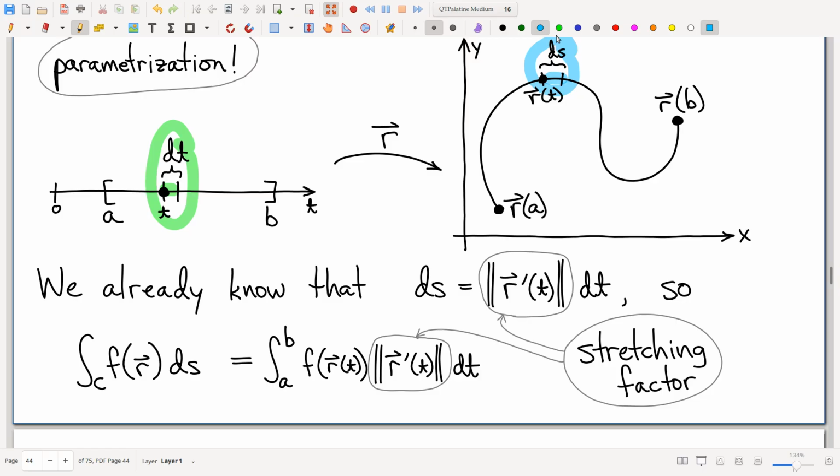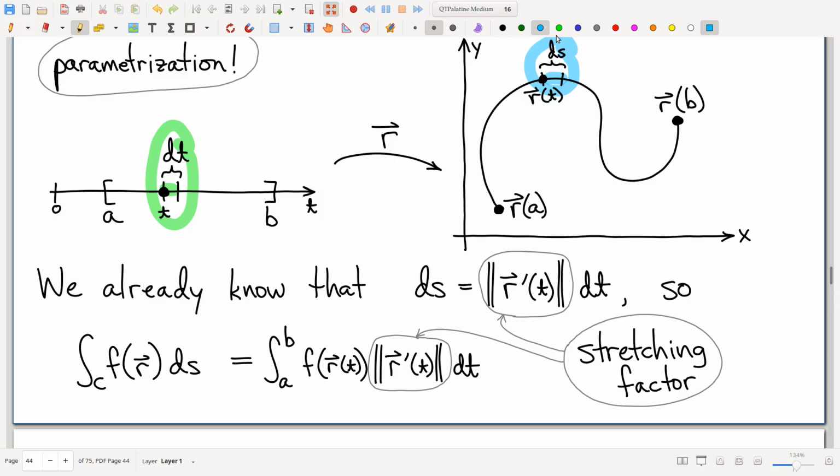This dt represents, think of t as being time, very convenient. Thinking of t as being time, this represents some sort of a small amount of time. And this, again, thinking of t as being time, this represents how far my position changes over that amount of time.